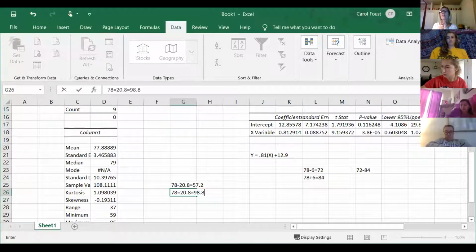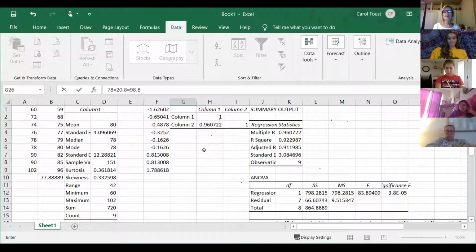The standard error measures how much the means differ from the mean of the means. Remember when I talked about pulling 10 or 20 samples and comparing all of their means? We find an average of their means, and then we find a standard deviation of their means. That standard deviation is called the standard error. Okay, you guys getting that?